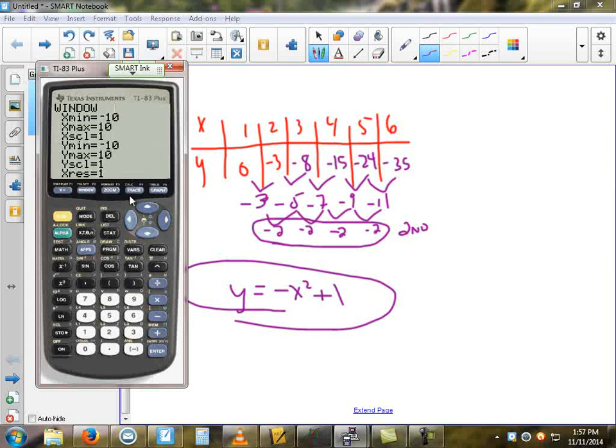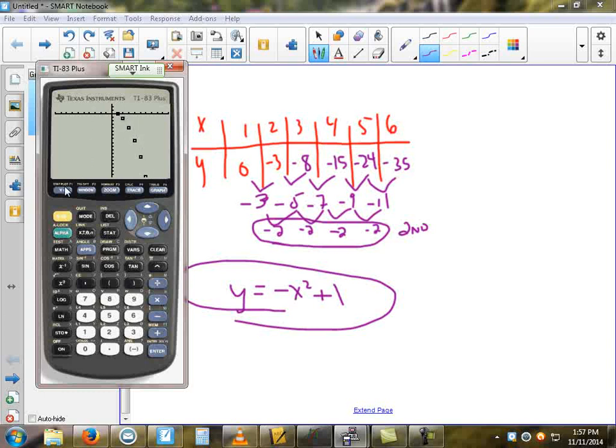If I set my window so that my y minimum is negative 35, because it's got to get all the way down here, and my y max is maybe 5, and I count by 2's, then if I look at the graph, we see this fall off right here. So that's our graph like that.